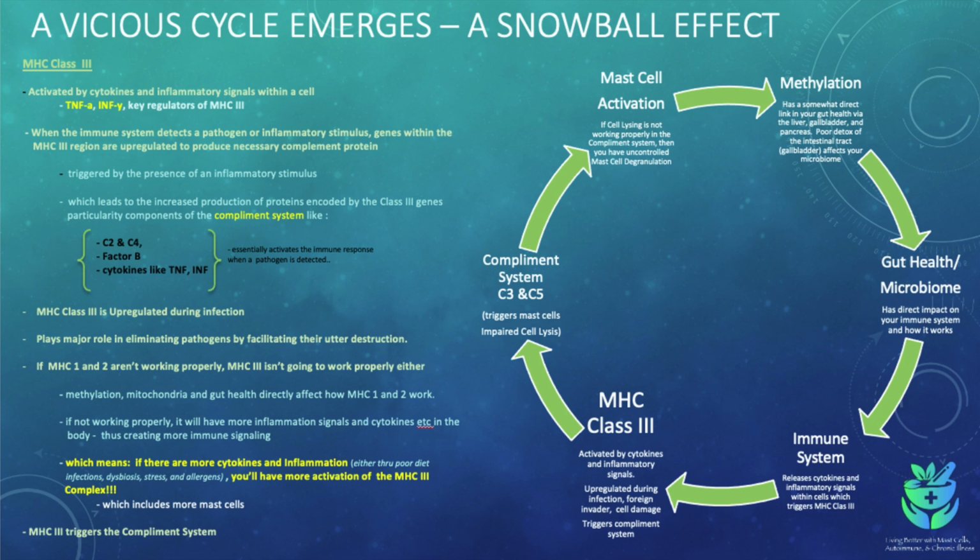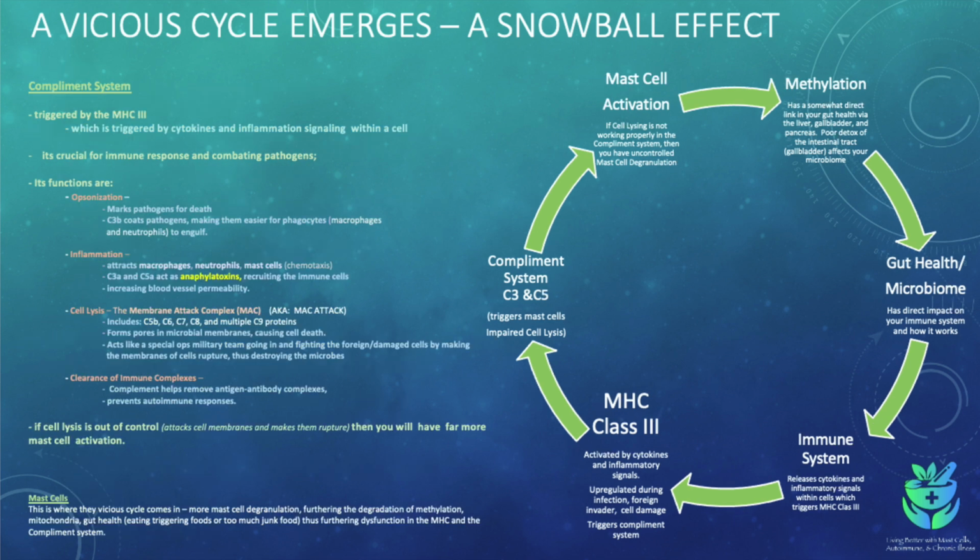Which means if there are more cytokines and inflammation, either through poor diet, infections, dysbiosis, stress, allergens, smoking or drinking, etc., you'll have more activation of the MHC3 complex, which includes making more mast cells, which means it's further degrading the whole entire cycle of illness.